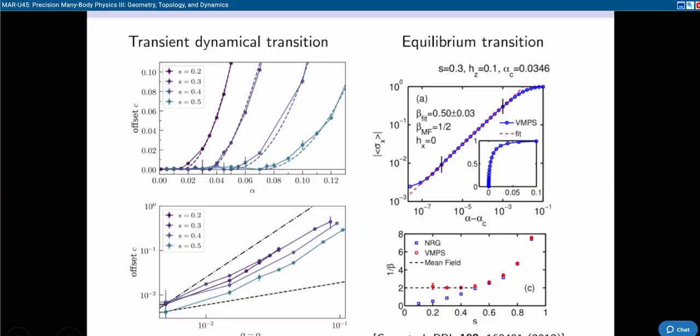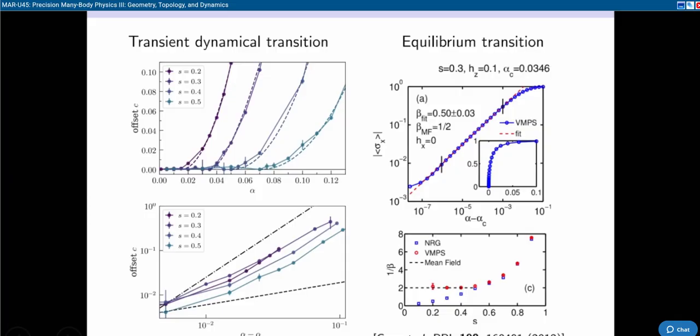This is data extracted from our short and intermediate time simulations, and it looks very different from the equilibrium data, which has been studied by different groups before. You can see, in particular, that the critical exponents are very different.